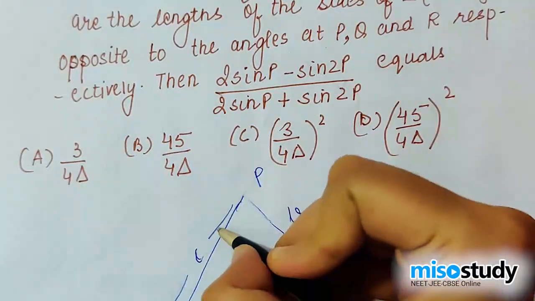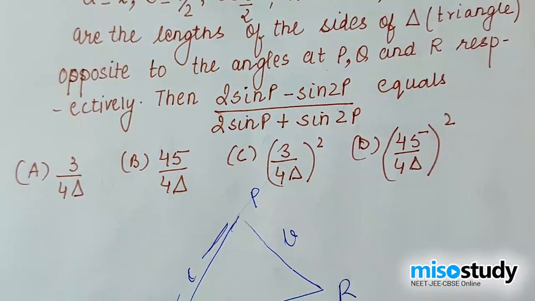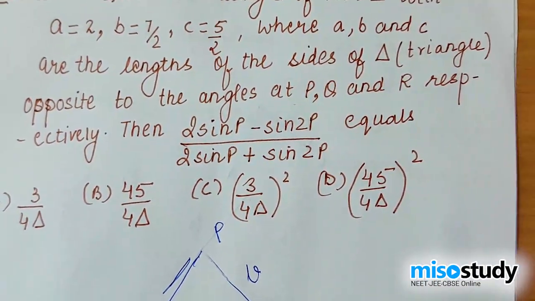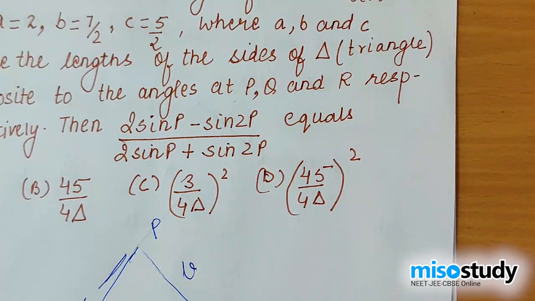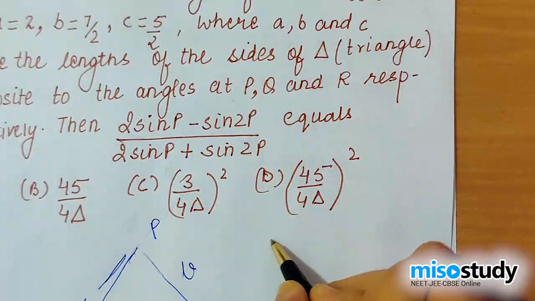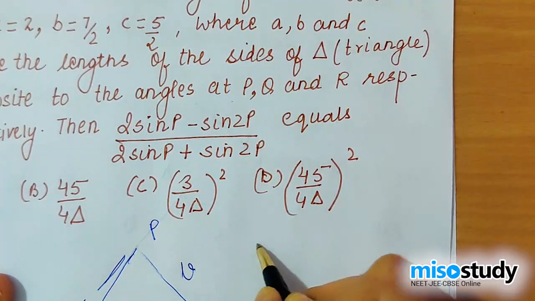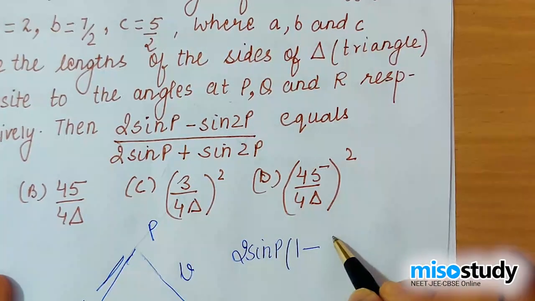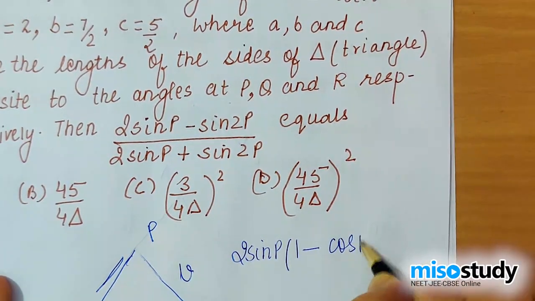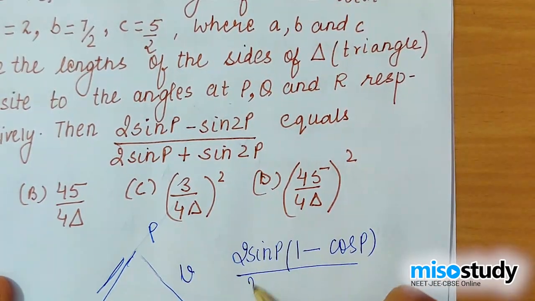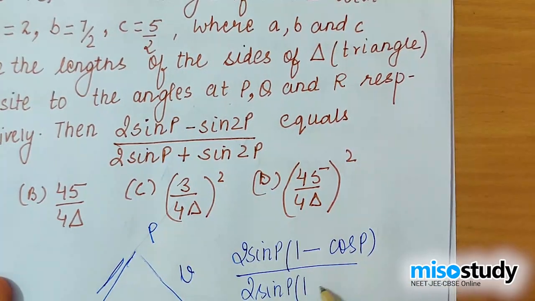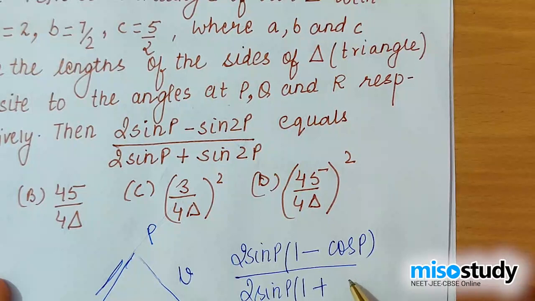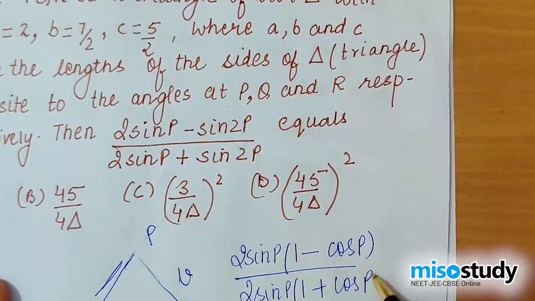So going by the statement, you are supposed to find out this expression, and to do that, first of all we need to simplify it. If I simplify it, I will have 2 sin p taken common, and I'll have 1 over here, and sin 2p is 2 sin p cos p, so I'll be left with only cos p. Again 2 sin p taken common, I'll be left with 1 over here, and again sin 2p is 2 sin p cos p by the formula sin 2a = 2 sin a cos a, and I'll be left with cos p only.